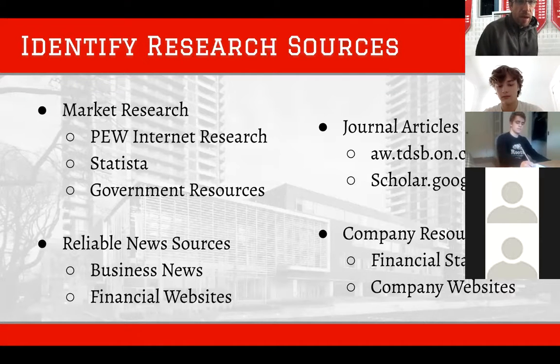Pew Internet Research has some publicly available reports. Statista has some stats. There are government census bureaus like Stats Canada. The US has a census. The city of Toronto has a demographics website. So those are some good places. Some reliable news sources like Bloomberg or MarketWatch, or if a company has an annual report because they're traded on the stock market, that should be accurate.